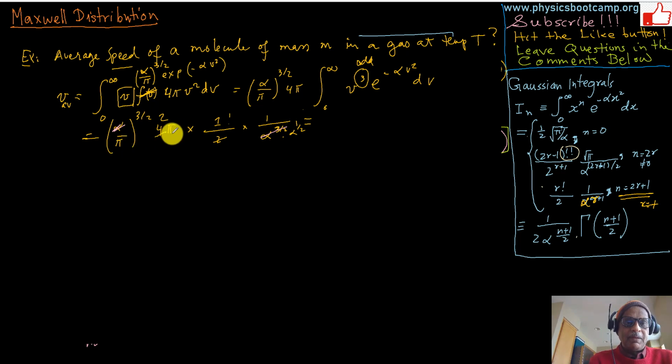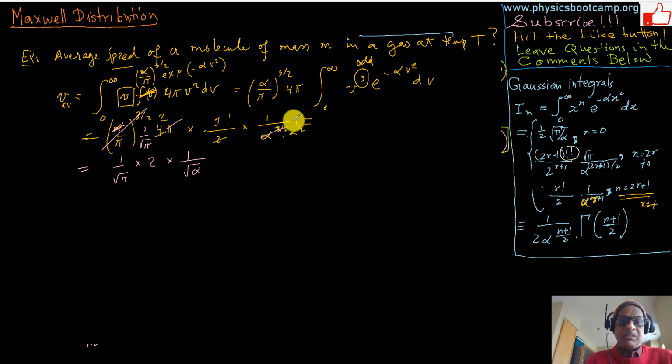So this pi will cancel all of it, becomes square root of pi. So this with this pi will be 1 over square root of pi. So 1 over square root of pi times 2 times 1 over square root of alpha.